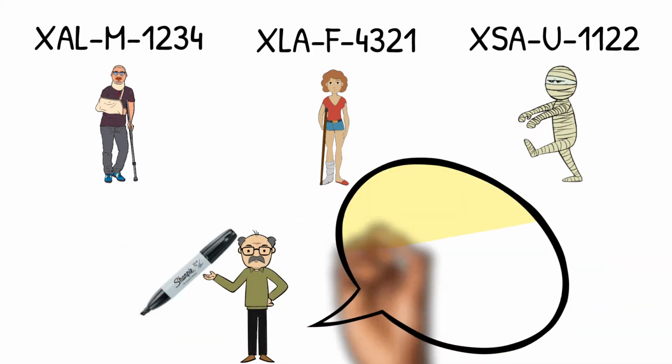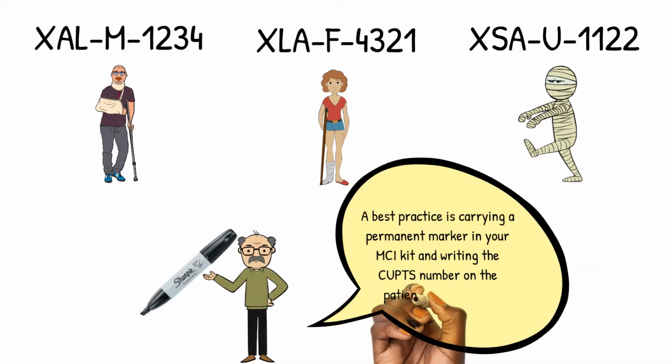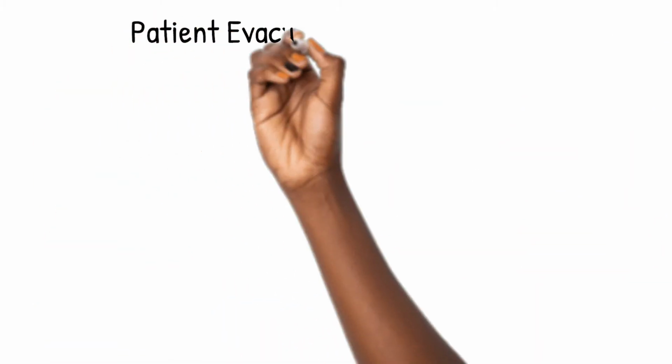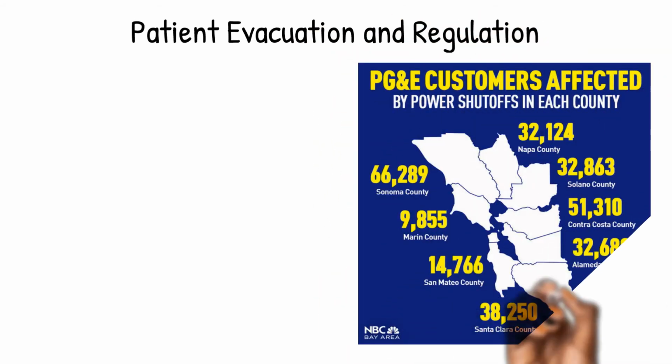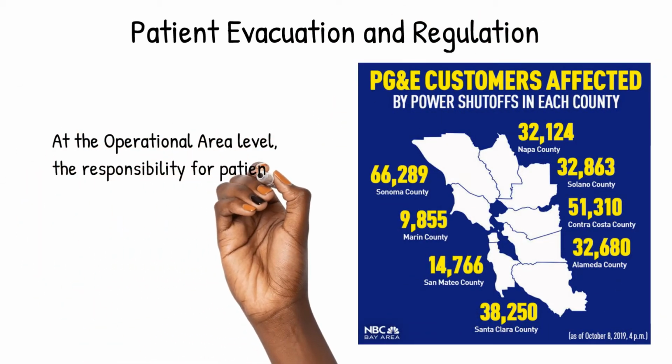So these are all examples, and really the only addition that we would ask at the field level and at the hospital level is that when you have a mass casualty, you carry a permanent marker in your mass casualty incident kit, and then you write this unique tracking number on each patient, and then you also write it on the triage tag.